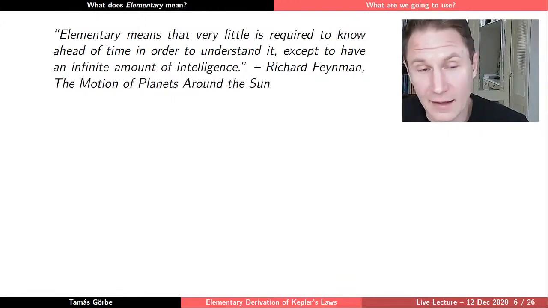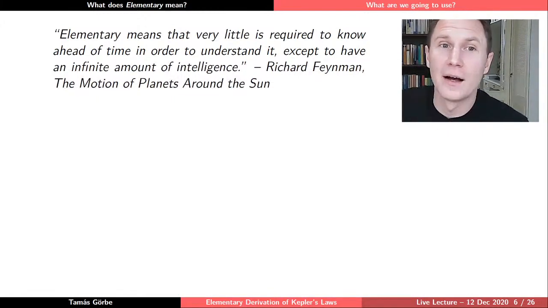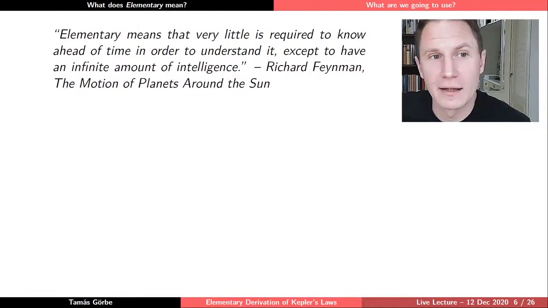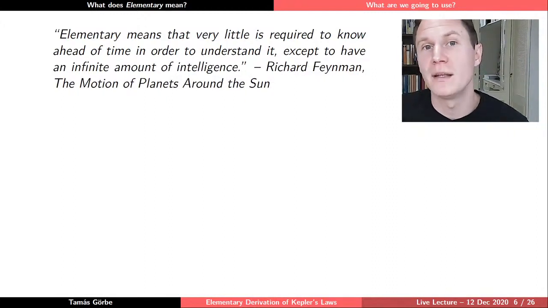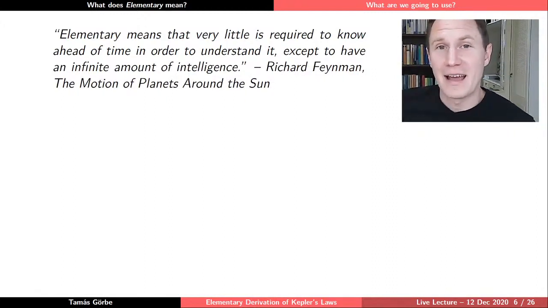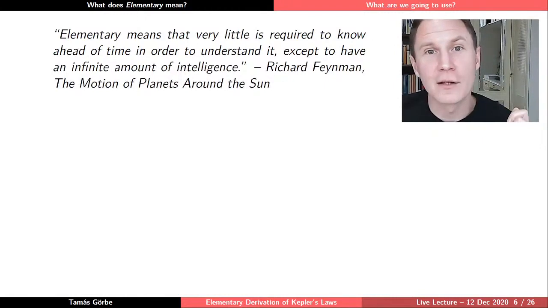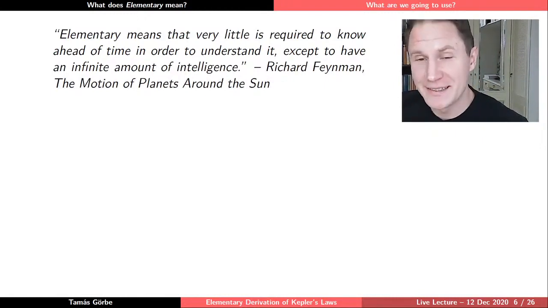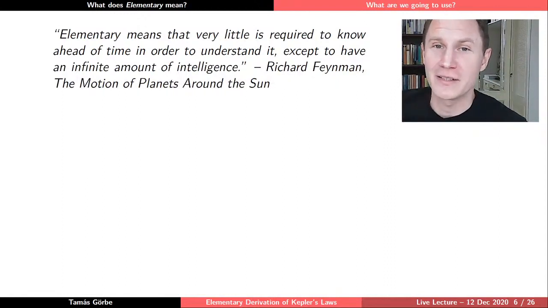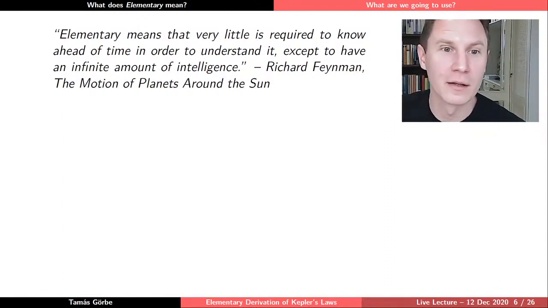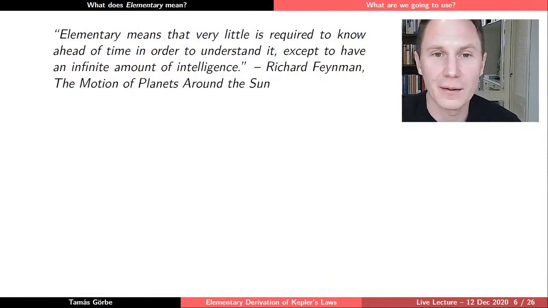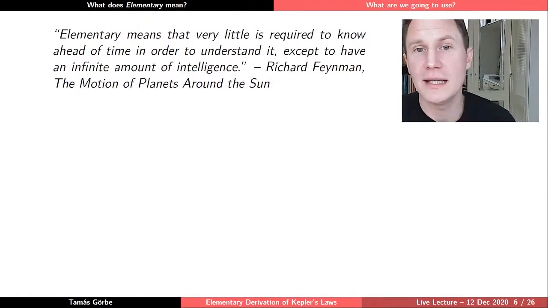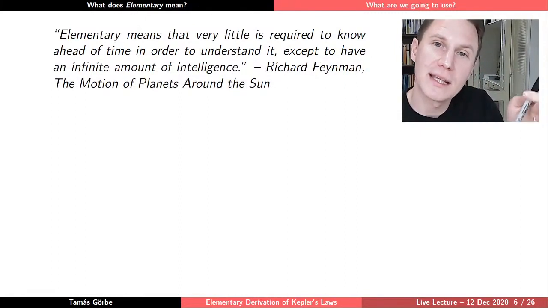He said that his derivation would also be elementary, but elementary does not mean it's easy to understand. Elementary means that very little is required to know ahead of time in order to understand it, except to have an infinite amount of intelligence. This is typical Feynman, half jokingly saying that elementary means that each step is easy to understand.